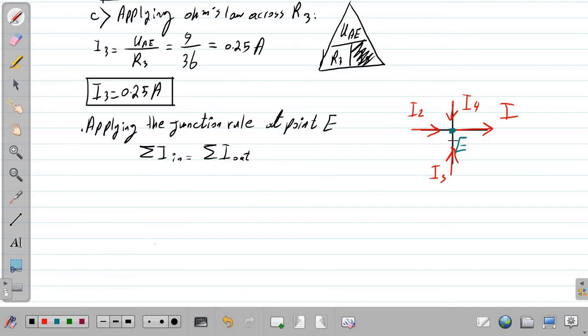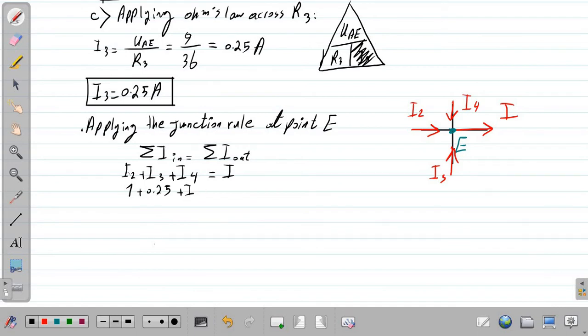Now we write everything entering this point: I2 plus I3 plus I4 equals the summation of I out. I have only one current leaving this point, which is the current I. Plug the values of the currents. I2 is 1 plus 0.25.